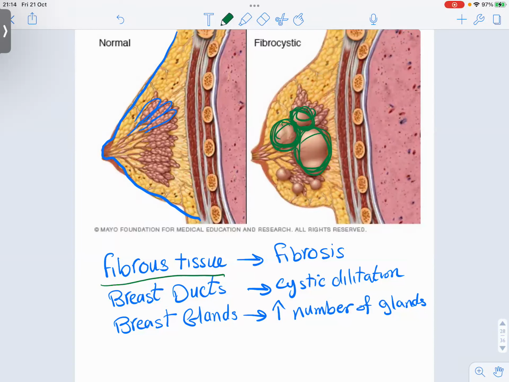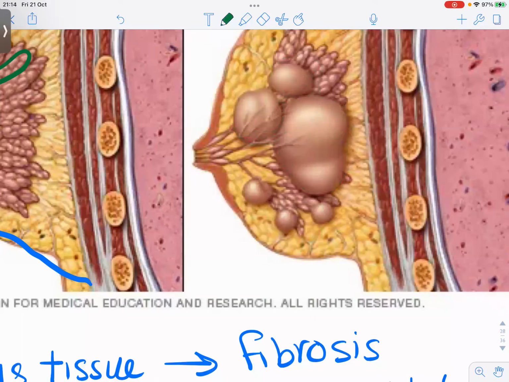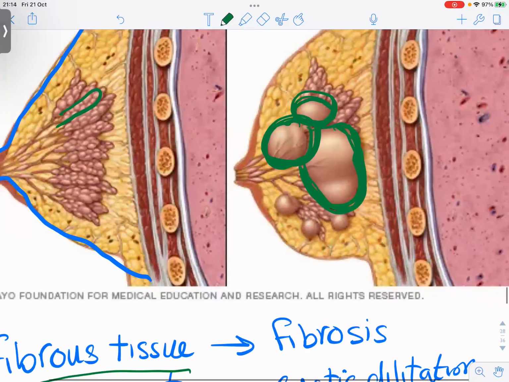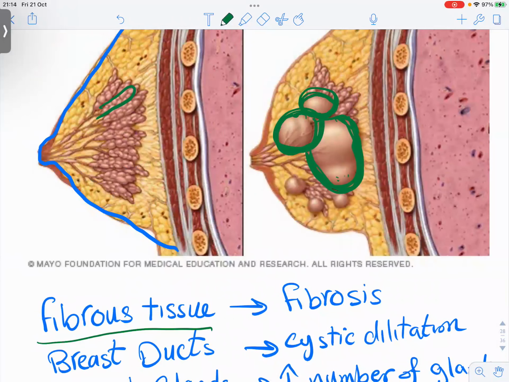And also the estrogen in normal range can cause cystic dilatation. It can cause dilatation of these ducts, but during an abnormal amount there will be a lot of dilatation, severe dilatation of ducts, and here fibers surrounding these dilated ducts, and also an increase in the number of glands inside these ducts.